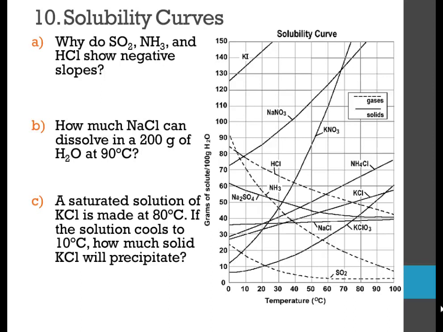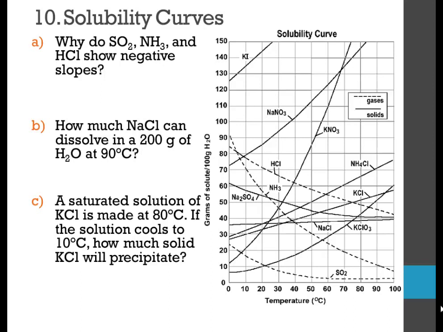We repeated this for a whole bunch of solutes. There's a whole bunch on there, and rather than giving us an individual graph for each of these lines, we just put them all on one graph. So it is a little tricky. You want to make sure that you're looking at the right line. So it's always a good idea to have a highlighter or something like that so you can trace the line and make sure you're reading the correct numbers.